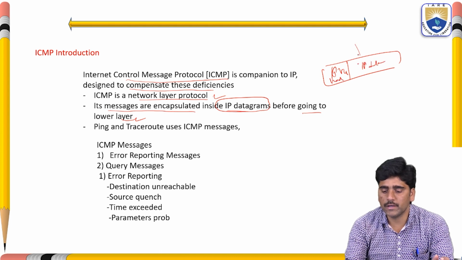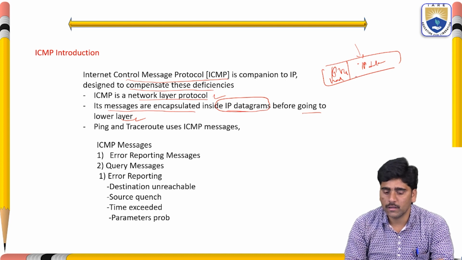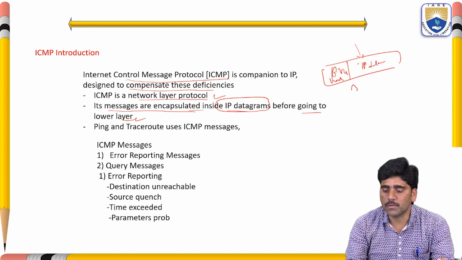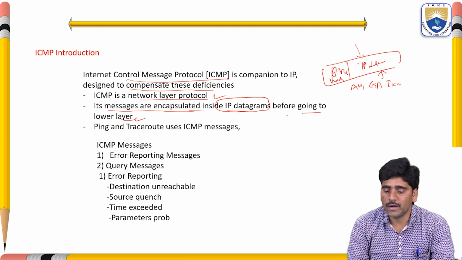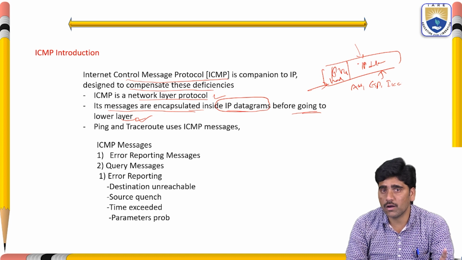This IP datagram is encapsulated with the help of an authentication header, encapsulating security payload, or IKE, and forwarded to the lower layer. So before going to the lower layer, the IP datagrams are all encapsulated.